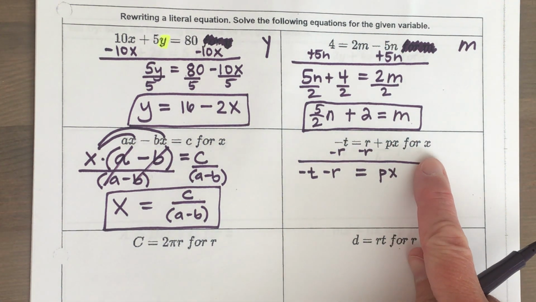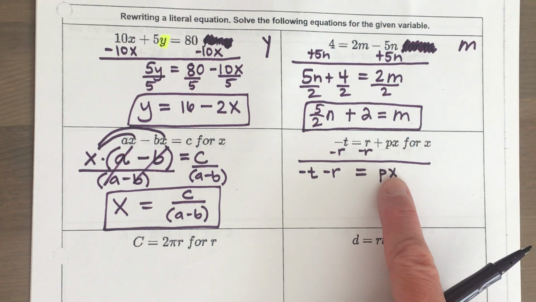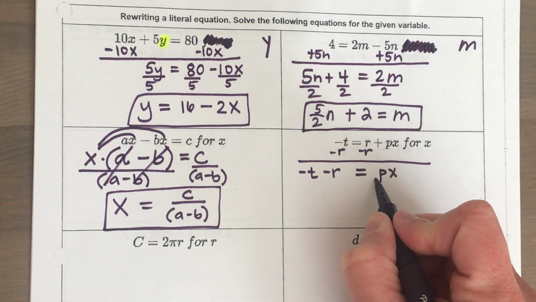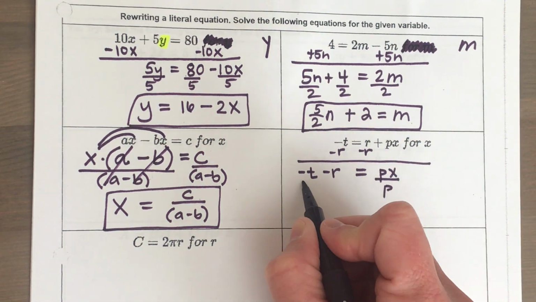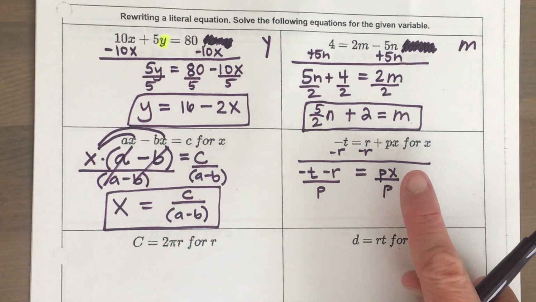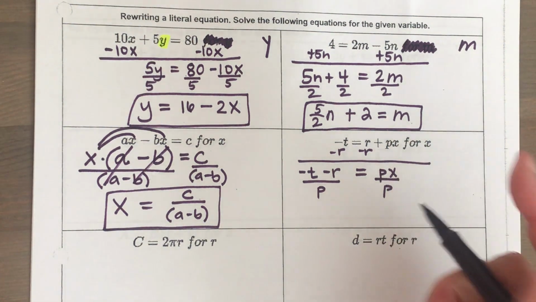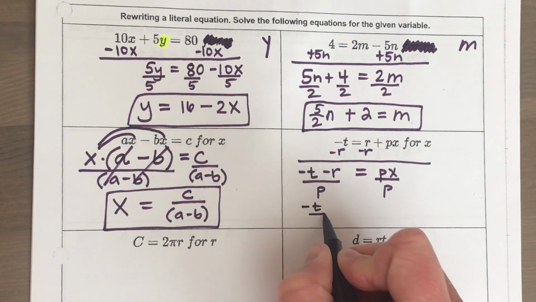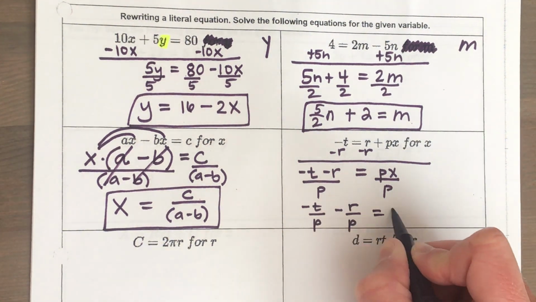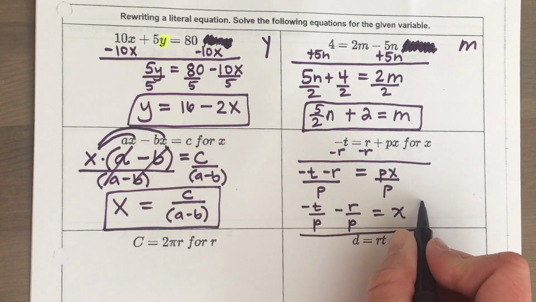If I'm supposed to solve for the letter x, I need to get rid of the letter p. Since it is being multiplied by x, I will divide by p on every term to get my x isolated. So I'd have negative t divided by p minus r divided by p, and that will equal x.